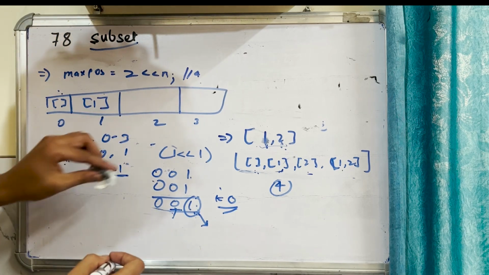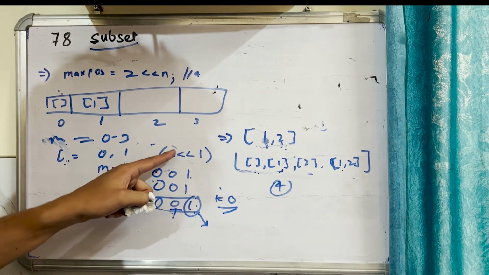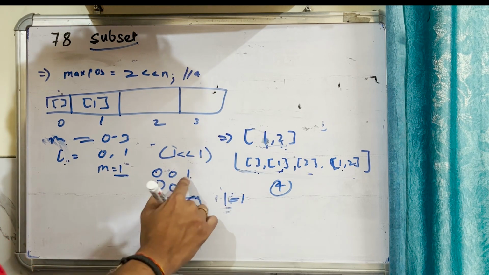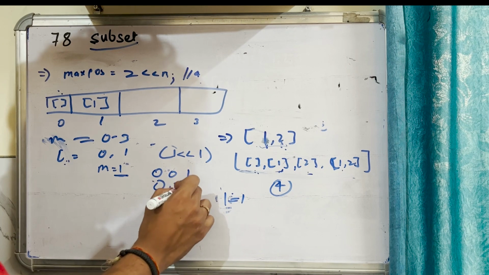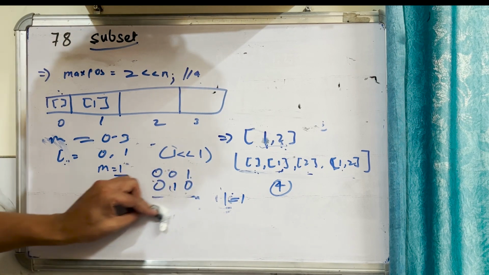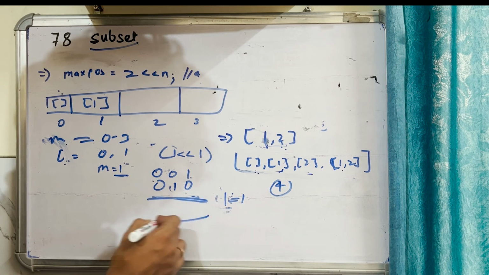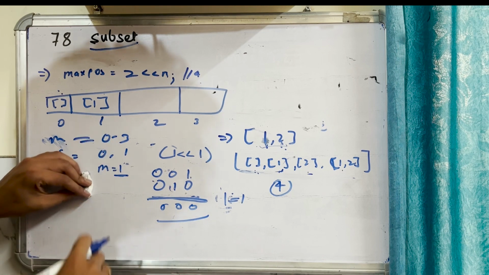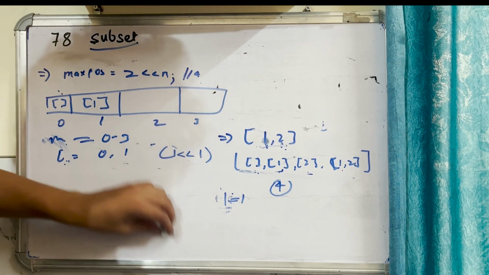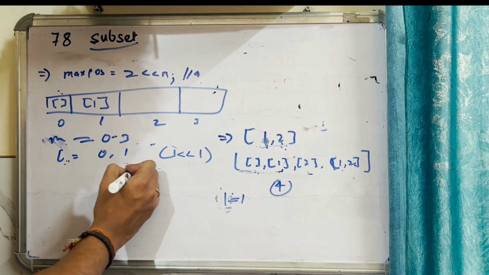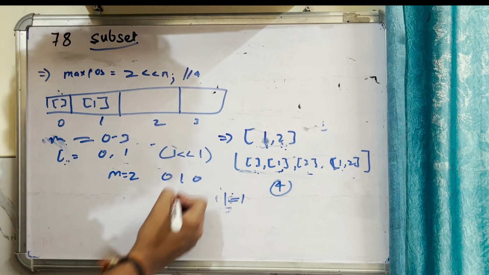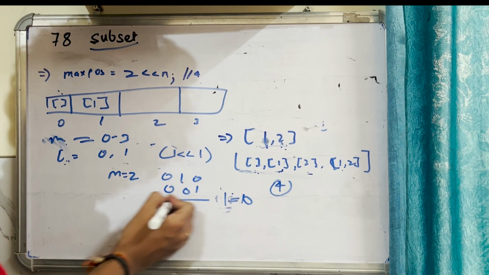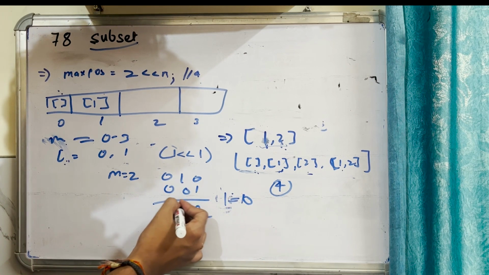Then what we'll do, m equals 1 and i was 0, then i equals 1 will be there. So this will shift by 1 digit. Okay. Then we'll do AND. Then nothing will be there, so we won't insert anything in first index. Then we'll go m equals 2, which will be represented by this, i 0, which will be 0 0 1. Then it will be nothing.